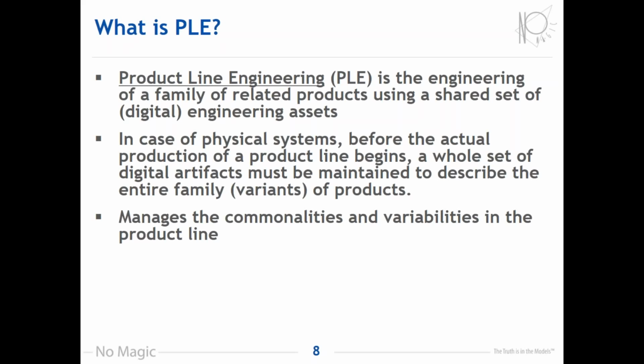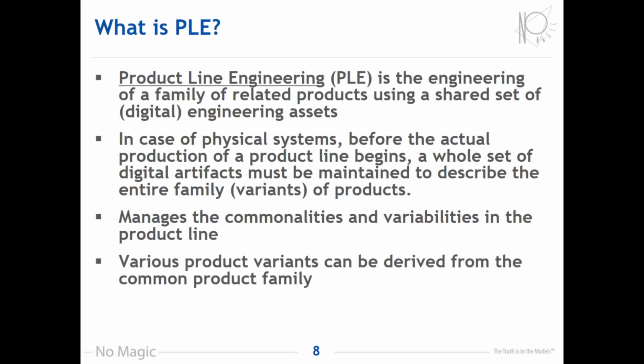If you have two coffee machines and one makes coffee with milk, you can imagine that they have a lot in common, and the only difference is related to the milk part. Product line engineering tools and this engineering discipline manage all that. And by using a PLE tool, you can also automatically derive products from this common product family.